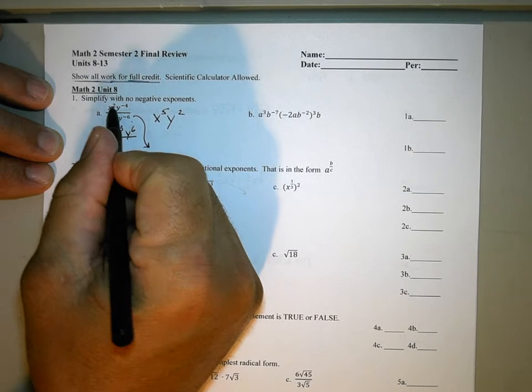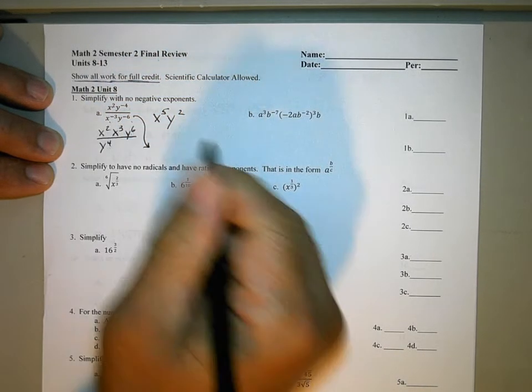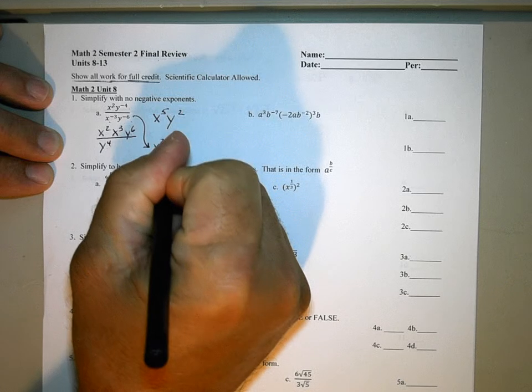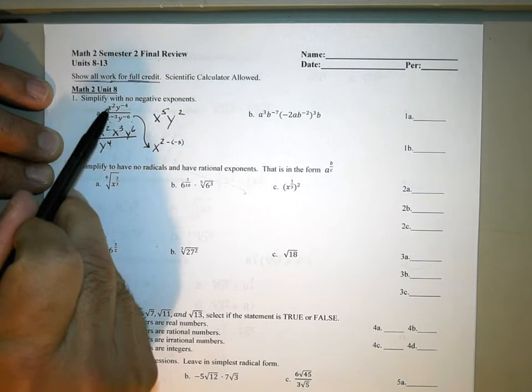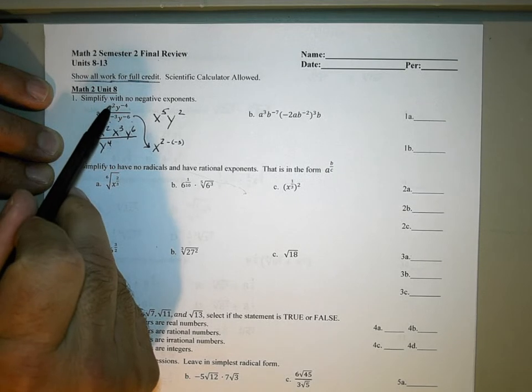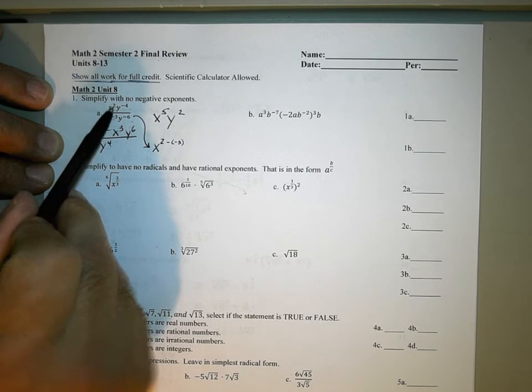We have x squared on top, x to the negative 3 on the bottom, so we could go 2 minus negative 3, because when you have the same base, you subtract the bottom exponent from the top exponent.